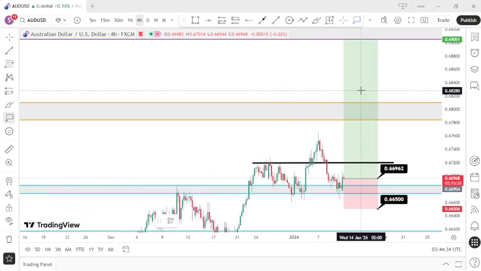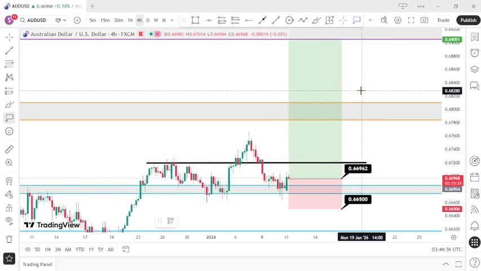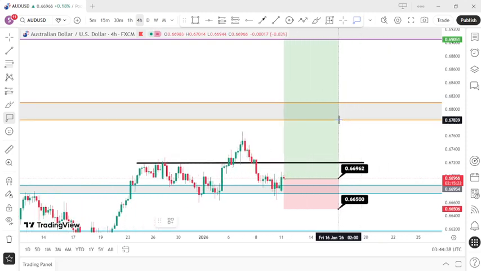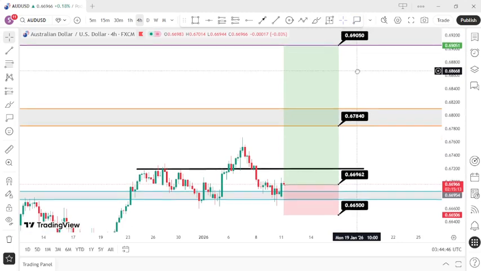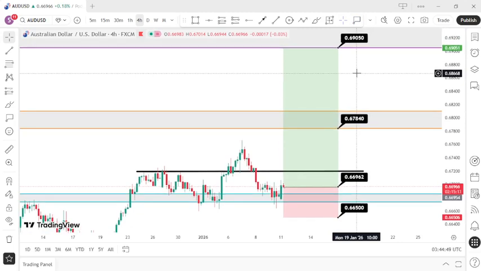My take profit, TP1 will be here, then my final TP will be here. So that's it on today's pre-market analysis. But before I go, let me take this trade also.